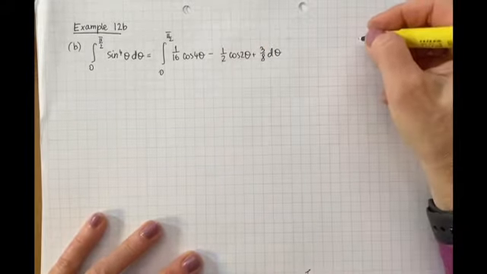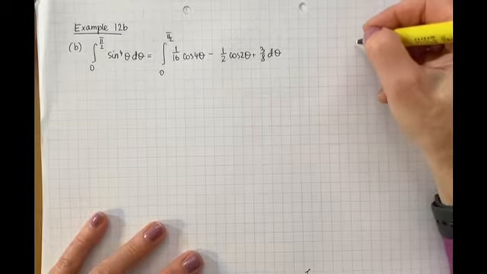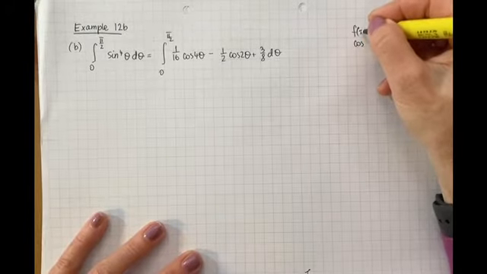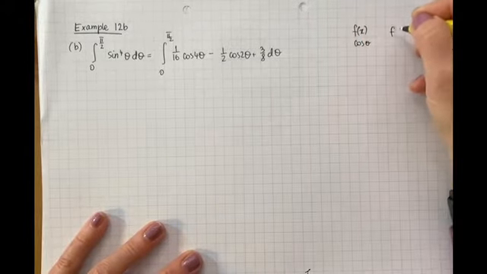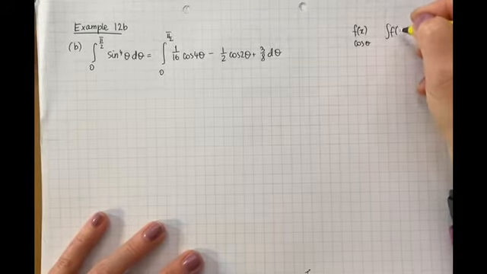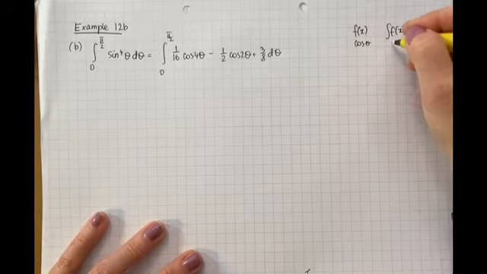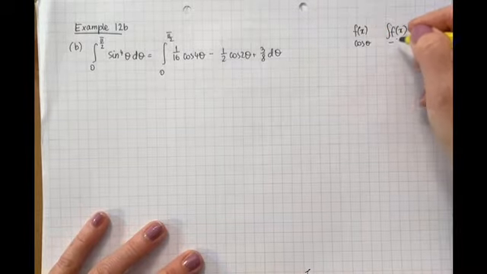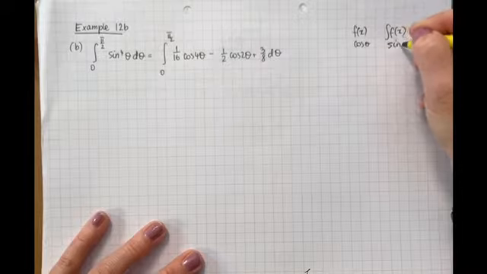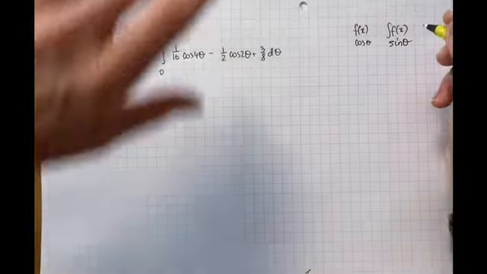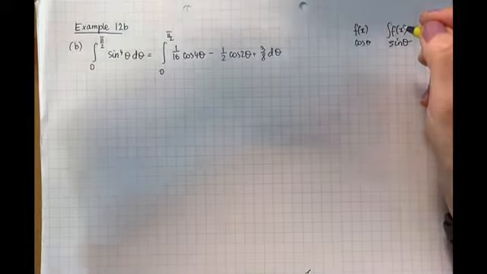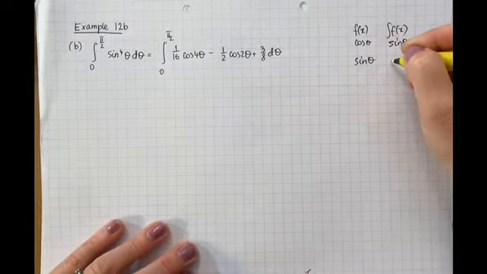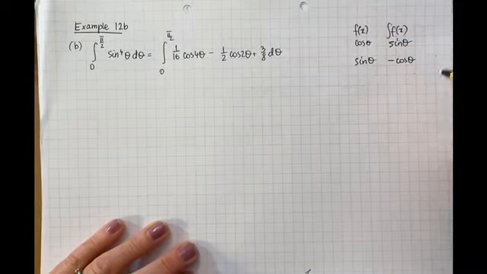So if you haven't done integration yet, if this is your f of x, cos theta, the integral of cos theta is sine theta, and then sine theta integrates to minus cos theta.